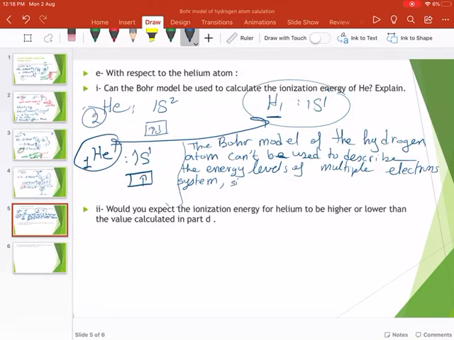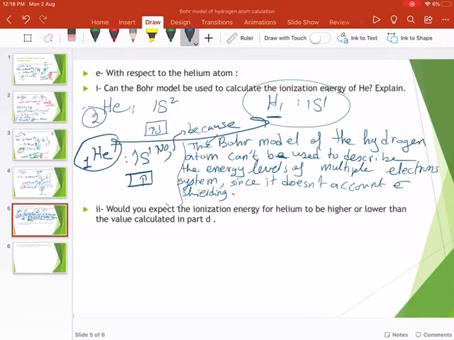Why? Because it doesn't account for electron shielding. So the answer is no, because of the Bohr model.